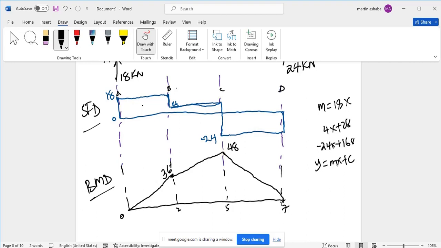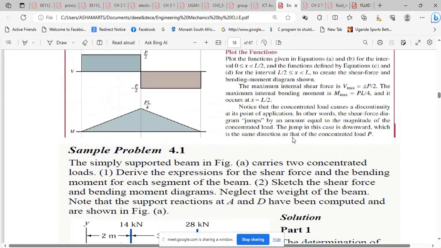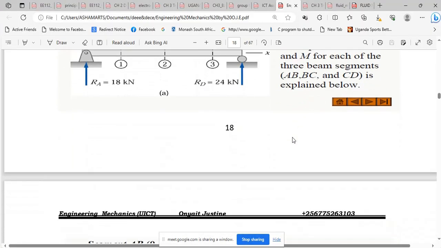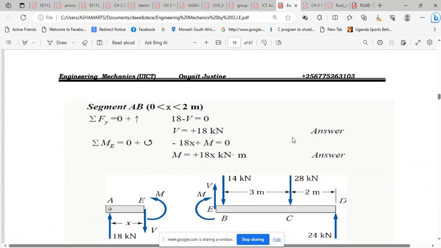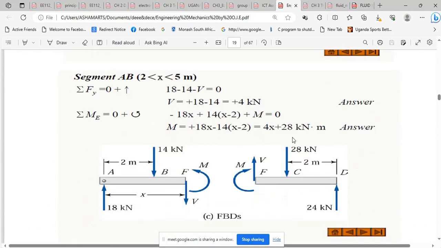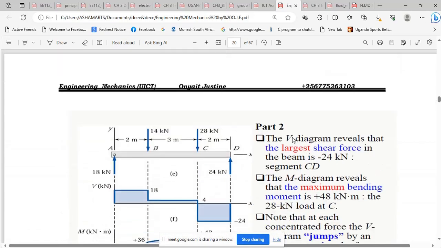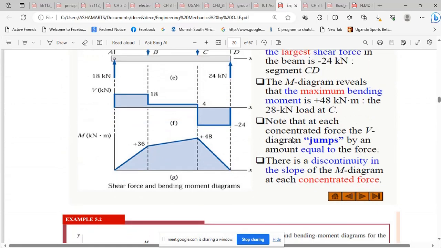Maybe to examine ourselves, let me share my screen again, because we need to be certain of what we have been calculating. Maybe we can just look at the final answer.